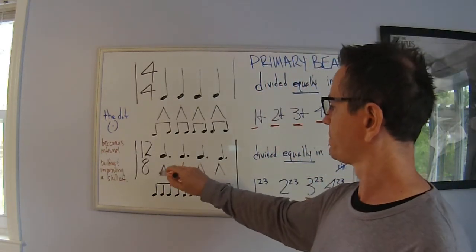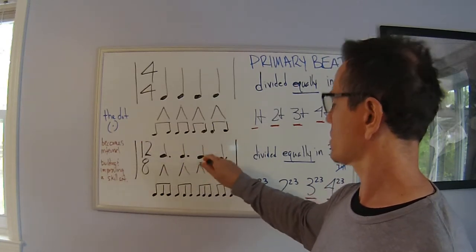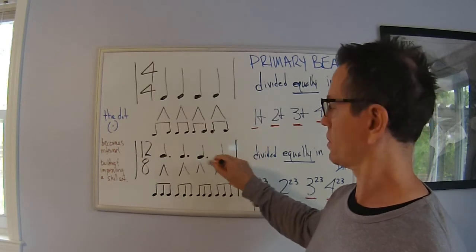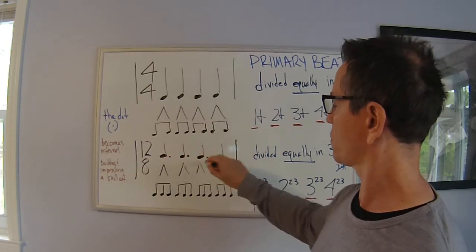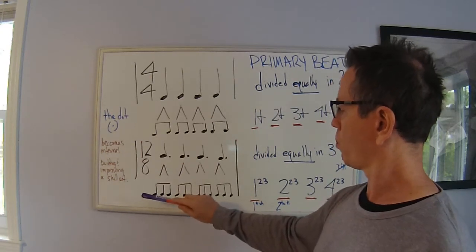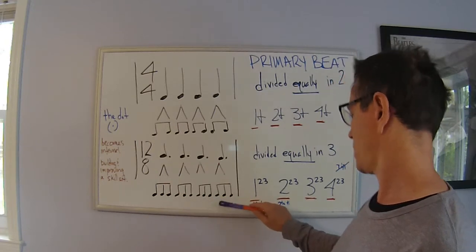So this would be 1, 2, 3, 4, 5, 6, 7, 8, 9, 10, 11, 12. There are your twelve eighth notes. There you have your 4 primary beats.